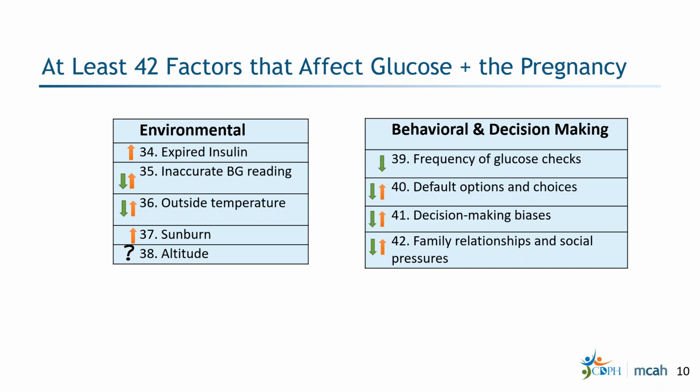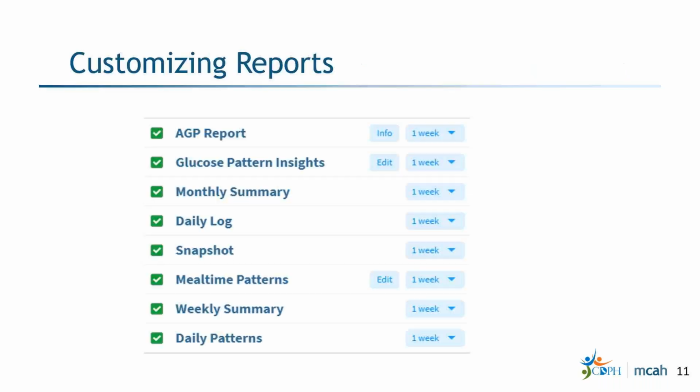Or for insulin pump users, if they're not changing out their cartridges usually every 2 to 3 days, if they go longer, that can often lead to compromised insulin. And then there's a whole lot with behavioral and decision making: the frequency of monitoring, different choices throughout the day, treatment of hypoglycemia leading to rebound hyperglycemia, just a ton of things that can happen.